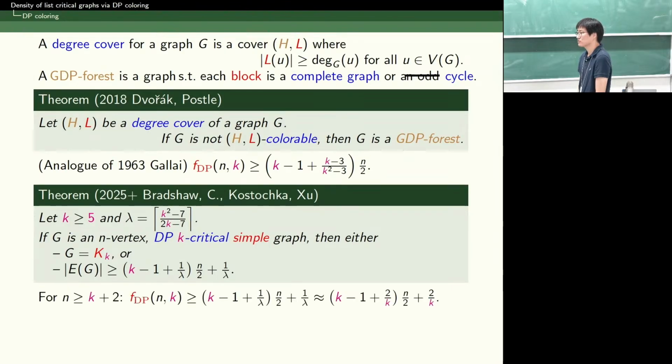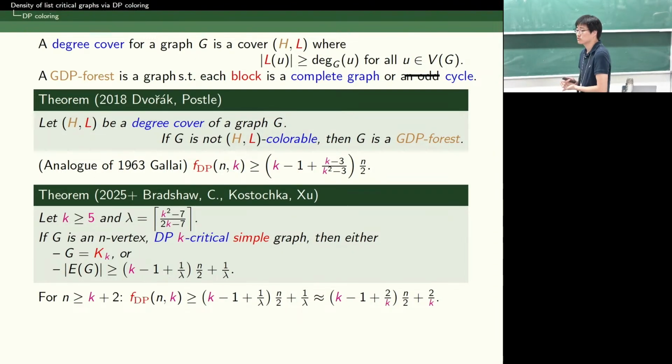So I don't think it's too far off. But maybe Borodin's conjecture and Gallai's conjecture may still hold for DP coloring, because there's no example showing that DP coloring and proper coloring are different for critical graphs.